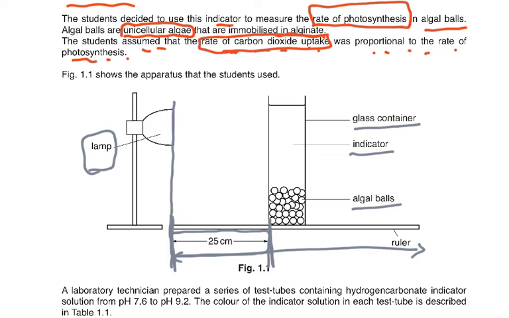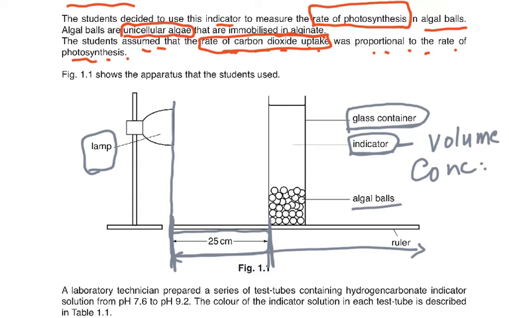Glass container, indicator. I always tell you, number one, if there's any fluid that we are experimenting with here, then the same volume must be used, and the same concentration must be used. Same volume and same concentration.